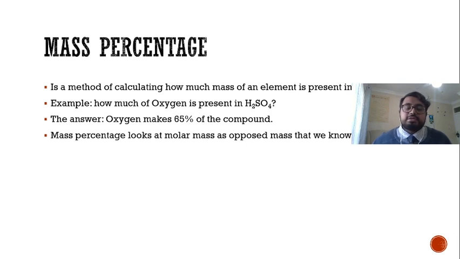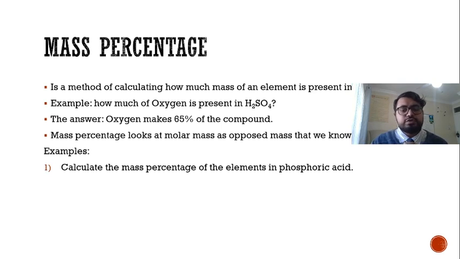Now we use the grams per mole, which is the molar mass, because it gives us a more accurate representation of the percentage of the element. So basically it accurately tells us how much of each element is present in the compound. So that's why we use the molar mass method. Okay, so let's look at some examples.